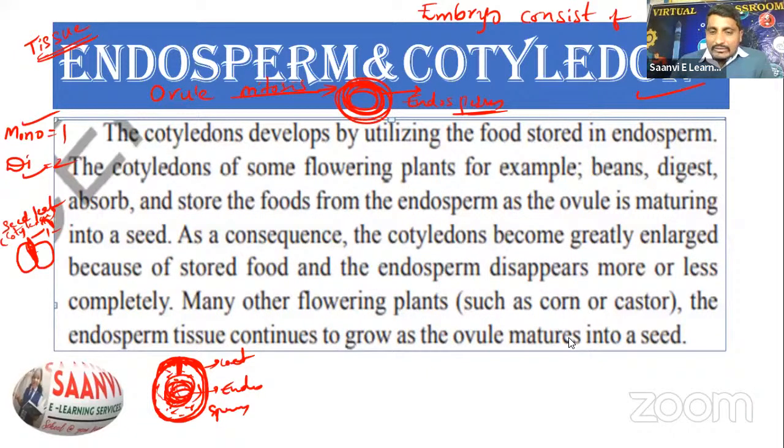As you know, endosperm will store the food materials. So here, coconut water sometimes solidifies and forms like that, so that it becomes like a bulb.